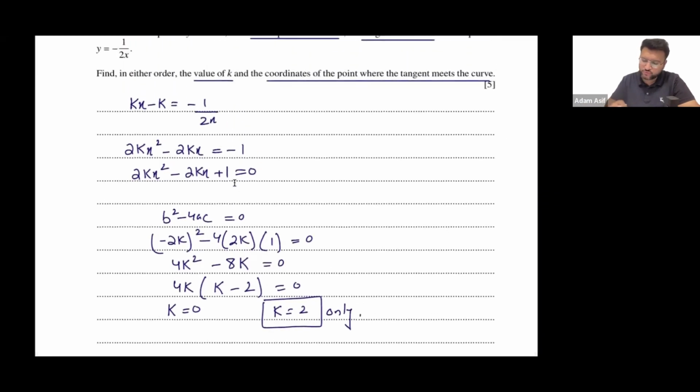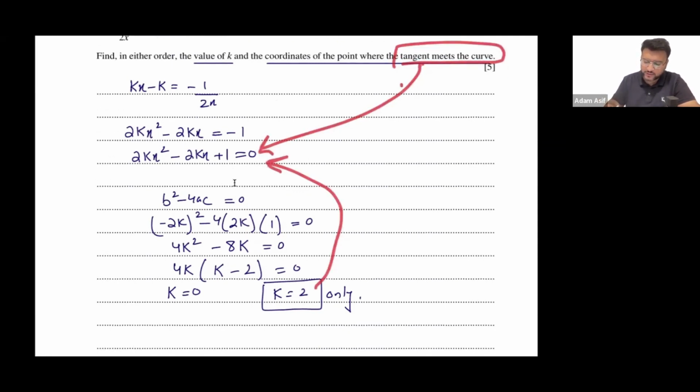When k is 2, we need to find the coordinates of the point where the tangent meets the curve. So it is the intersection point. The intersection point is given by this equation. When we solve the two equations simultaneously, this is the resulting equation. The solutions of this equation will give you the x coordinates of the intersection point. So plug in the value of k in this.